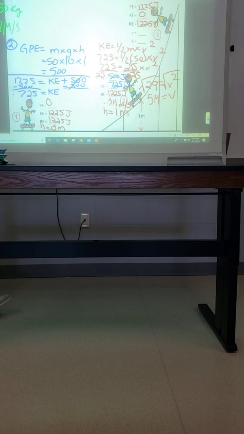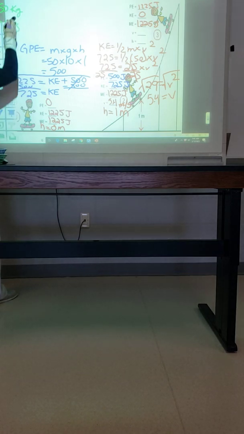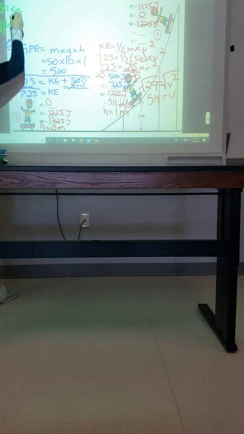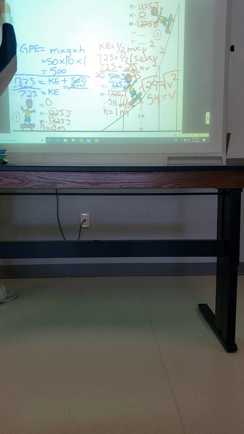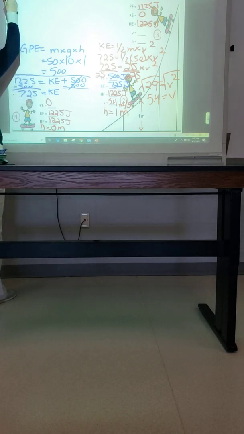Okay, so we have to solve for velocity. Again, which equation has velocity in it? Which one, Deveda? The GPE or the kinetic? Which one has velocity? Yep. Okay, so this is starting number 3.